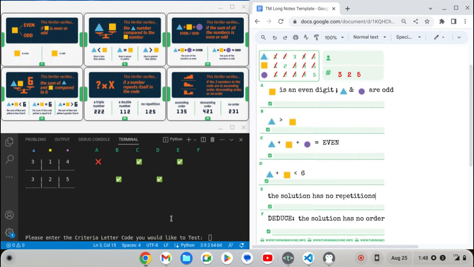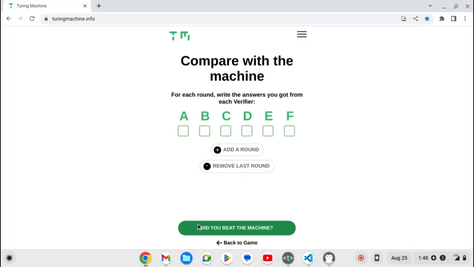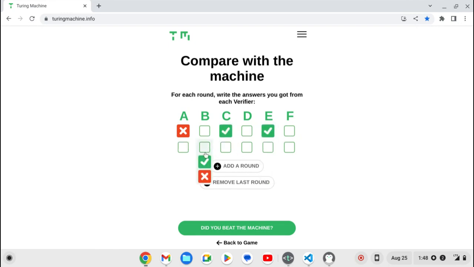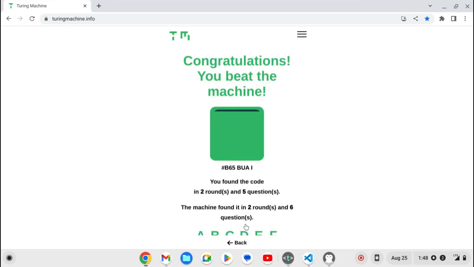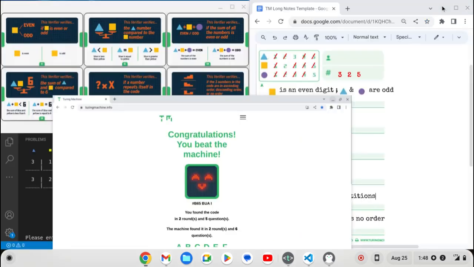And of course we skipped F. So let's go ahead and type that up. And so again, we did ACE, A being incorrect, C and E being correct. And in the second round, we tested B and D both being correct. Well, fantastic. So we beat the Turing machine by 1 question.